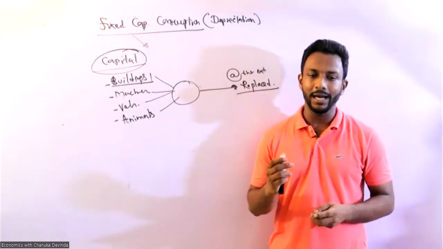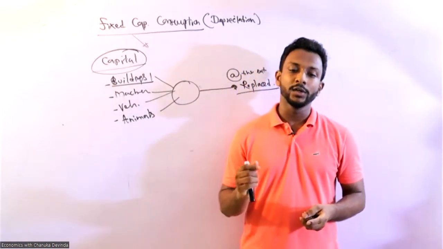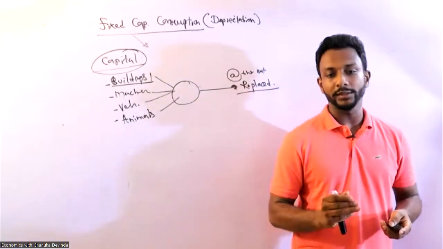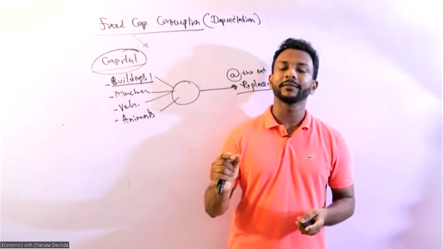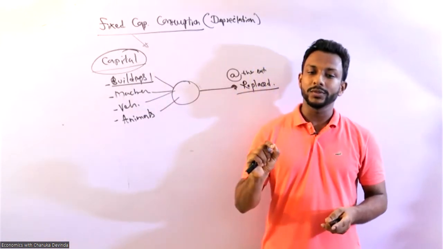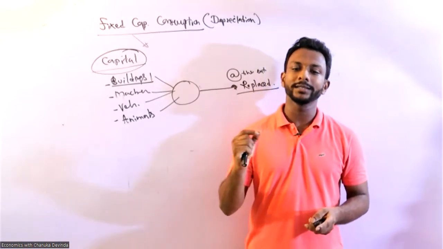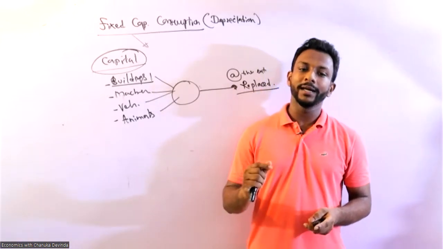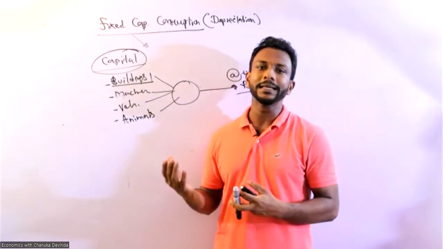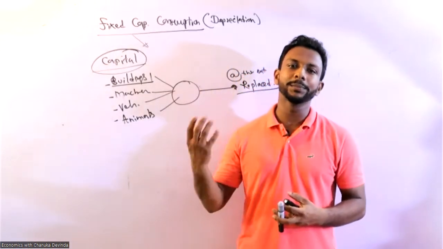So this is a monetary estimate of the amount of money used or spent on capital instruments during the relevant period, right? Capital resources depreciate with their usage over time, whether it's used or not, right? Whether we use the building or not, it is obviously depreciated, right?